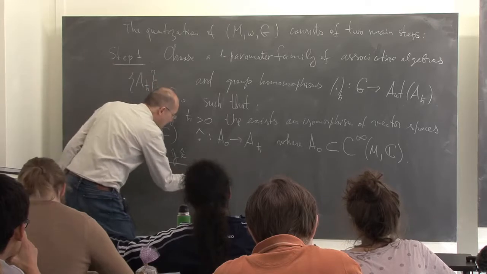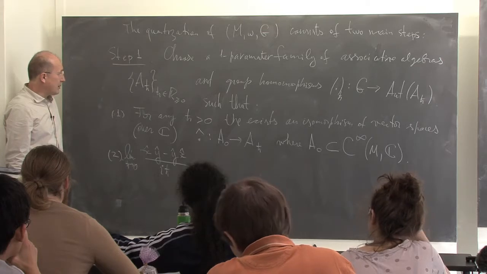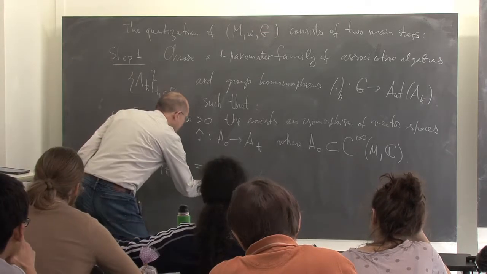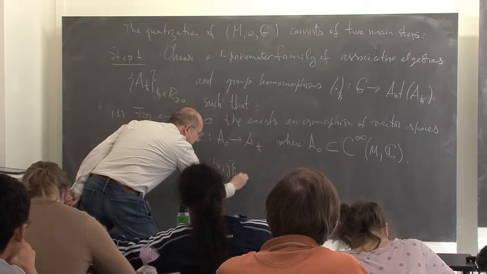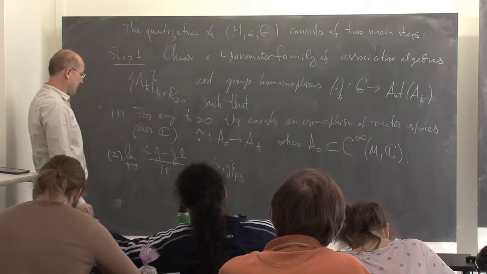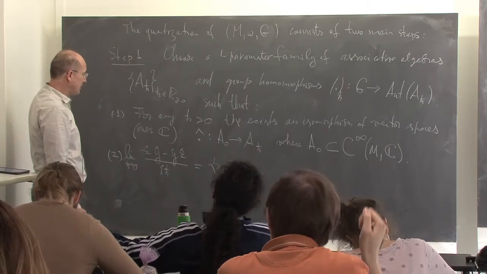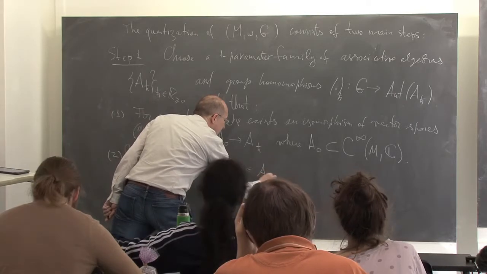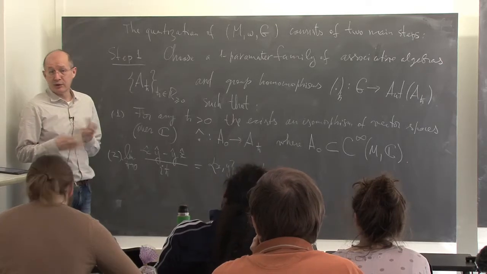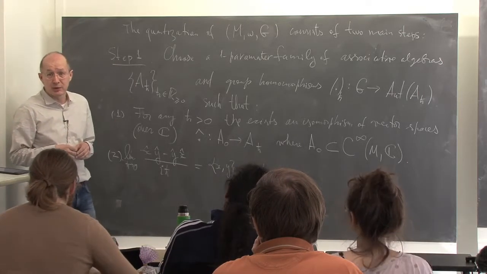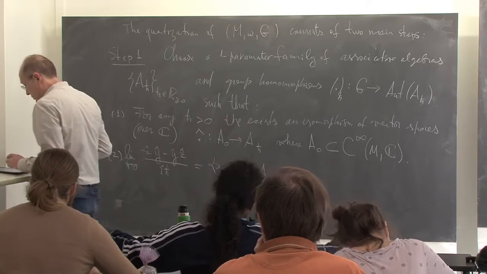So we should end up with an element of A0. And this should be nothing else but the Poisson bracket of x and y. In particular, it means that A0 should be closed under the Poisson bracket. So A0 cannot be an arbitrary subalgebra. At least to make sense of property 2, it should be closed under the Poisson bracket.